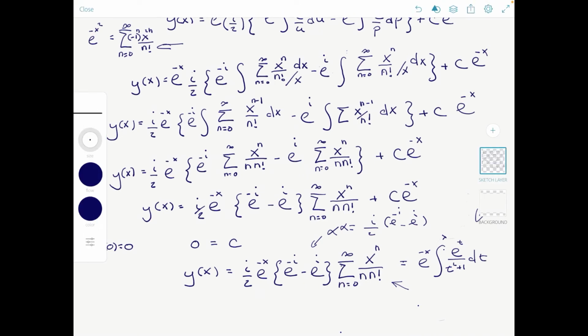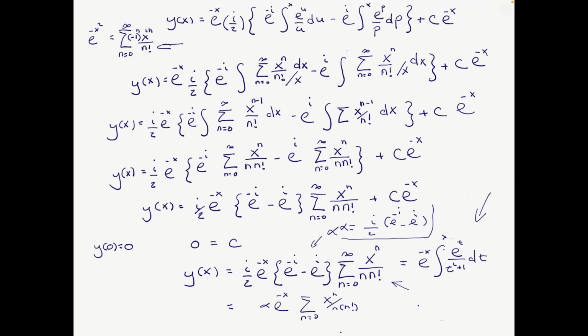So we can then shorten the thing. We could say alpha e to the -x, and then the summation, something like that. And it simplifies it a little bit if we call alpha this factor here. So that's an approach that you can use to solve that integral.